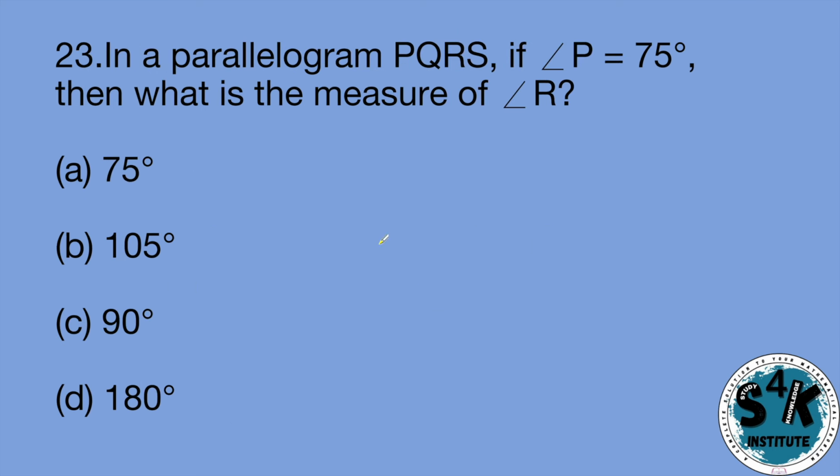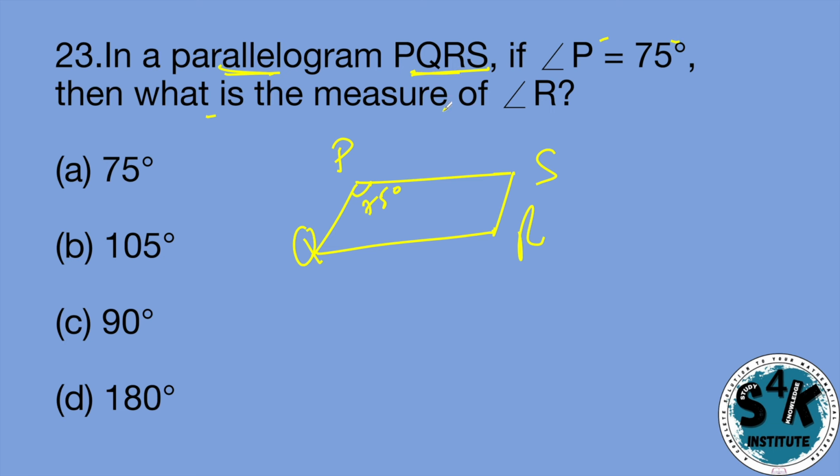In a parallelogram PQRS, angle P is given as, let's assume this angle is 75 degrees. So in a parallelogram PQRS, if angle P is equal to 75 degrees, then what is the measure of angle R?